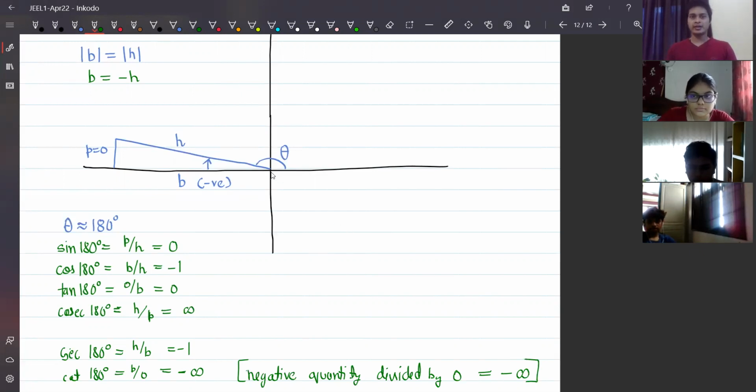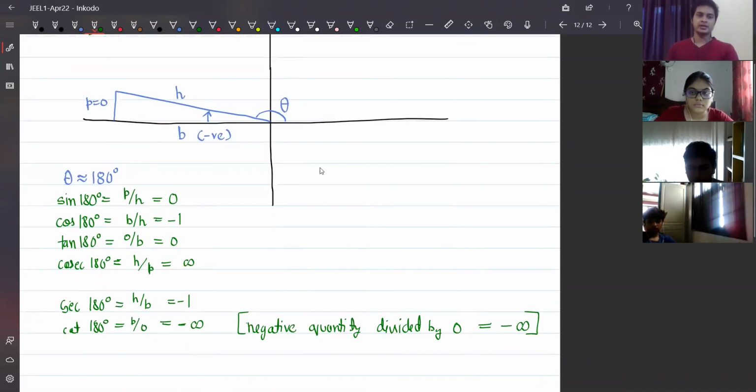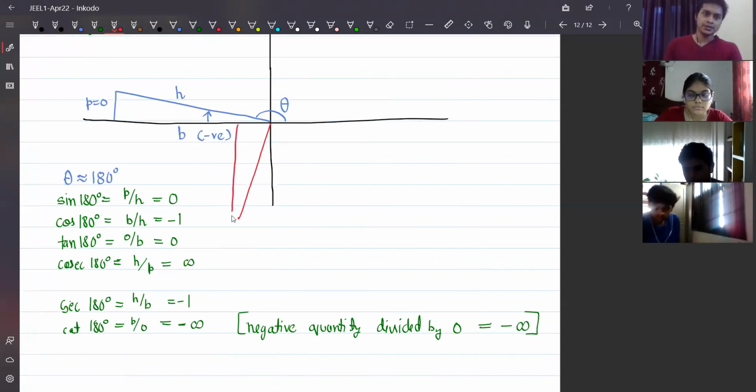Similarly, you can write ratios for others. So this was sine 180. If you want to write it for 270, let's go through it quickly. 270 will be like this. This angle will be 270. You take the perpendicular over here, and this is the hypotenuse.